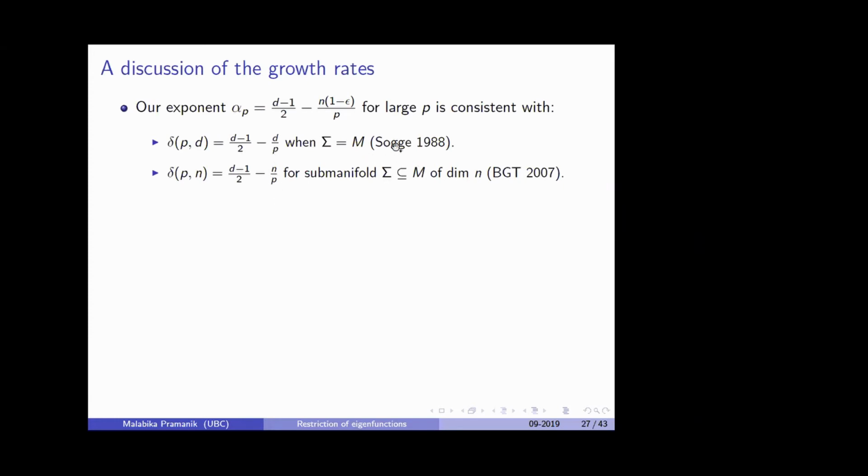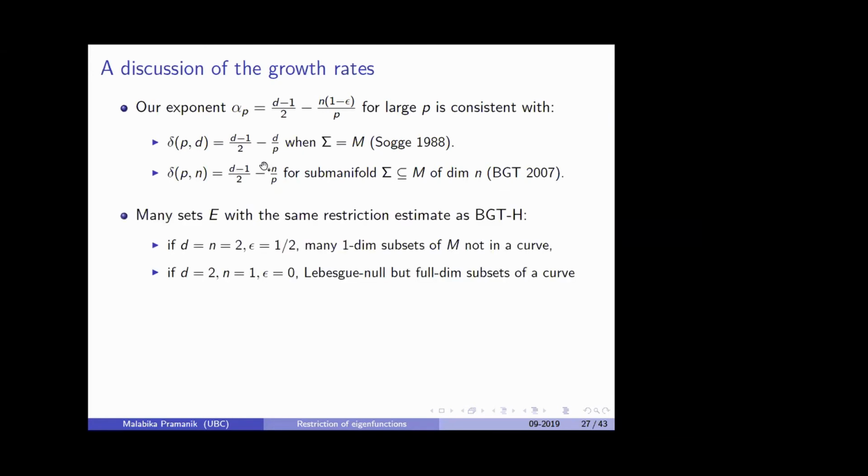Sogge took the average over the entire manifold capital M, so this was the dimension d. Burq, Gerard, Tzvetkov, and Hu took it over the submanifold sigma of dimension n. This was n, and we did it over a set of dimension n times 1 minus epsilon, and this is exactly analogous to that formulation.